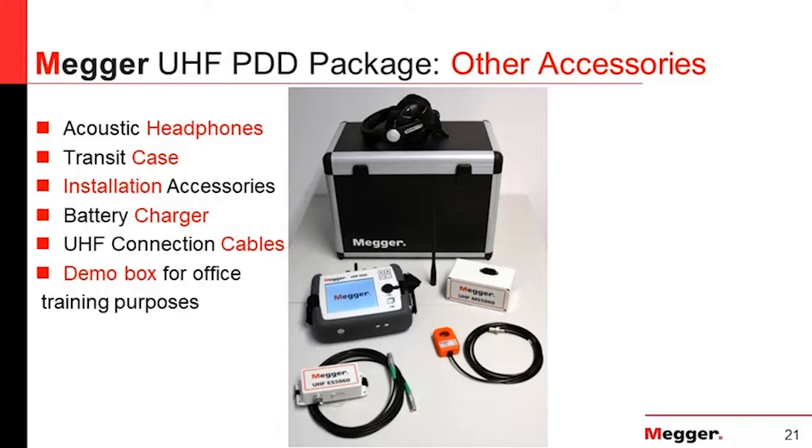Then we have a battery charger, HF connection cables, and the demo box. That demo box is good for office training purposes without going to the real site, so you can do an office demo and training at the office. So it's a complete package, and it's got almost everything for UHF partial discharge detection.